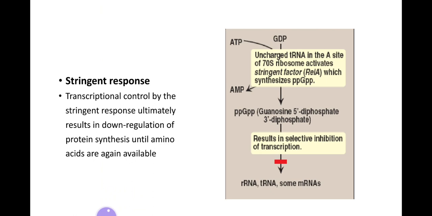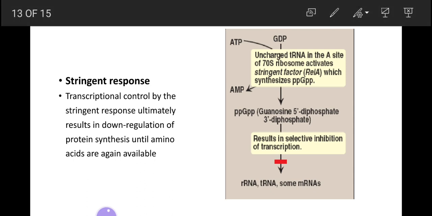The binding of uncharged transfer RNA means that if the amino acid is not present, then the transfer RNA is called uncharged transfer RNA. This uncharged transfer RNA in the absence of amino acid at the A site will lead to a series of events which will produce guanosine tetraphosphate.